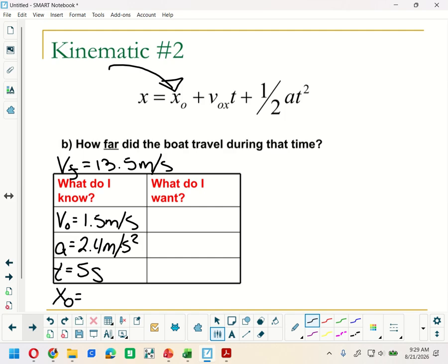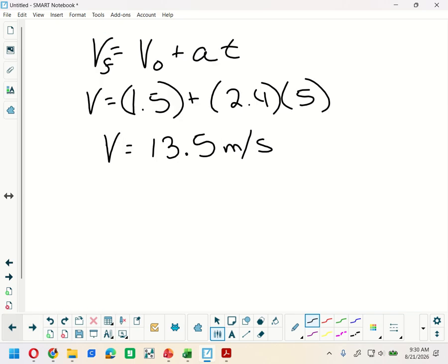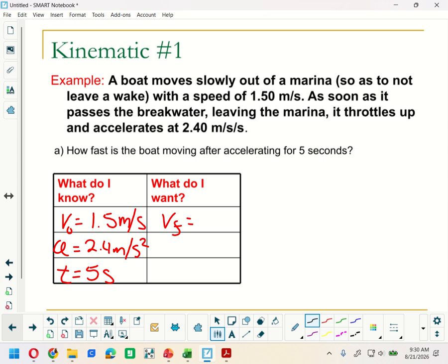What is my initial position? Yes, it is.